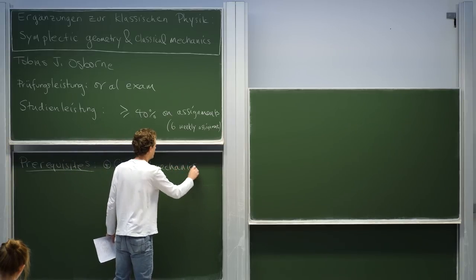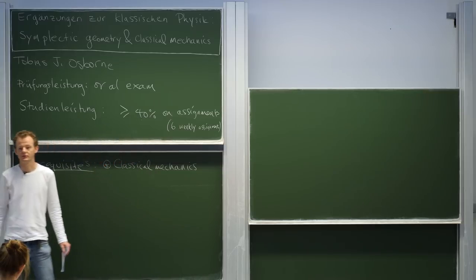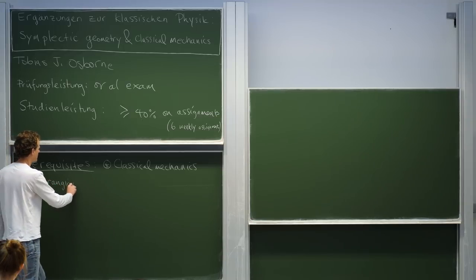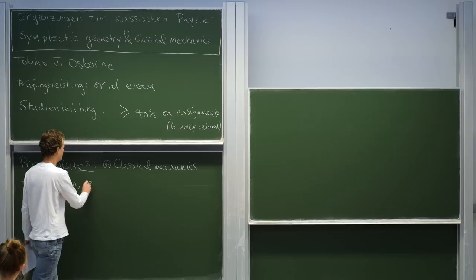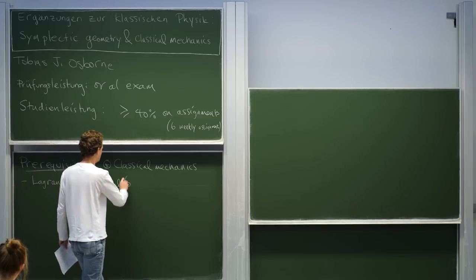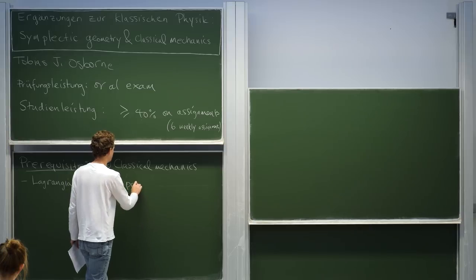It's an absolute fundamental prerequisite for this course that you know classical mechanics. You all do, I know this. In particular, I want you to know what on earth a Lagrangian is. I want you to know the extremal or variational principles.